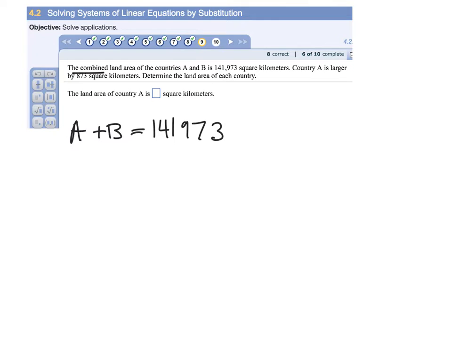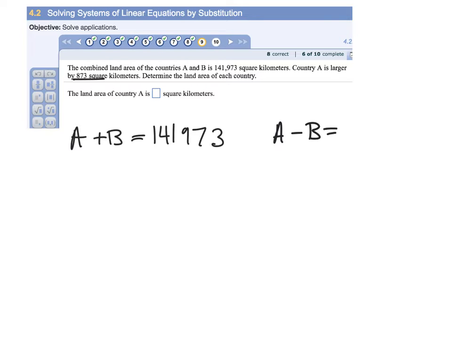Now it says here, country A is larger by 873 square kilometers. So what does that mean? If A is larger than B, that means A minus B is equal to 873. So there's our two equations.